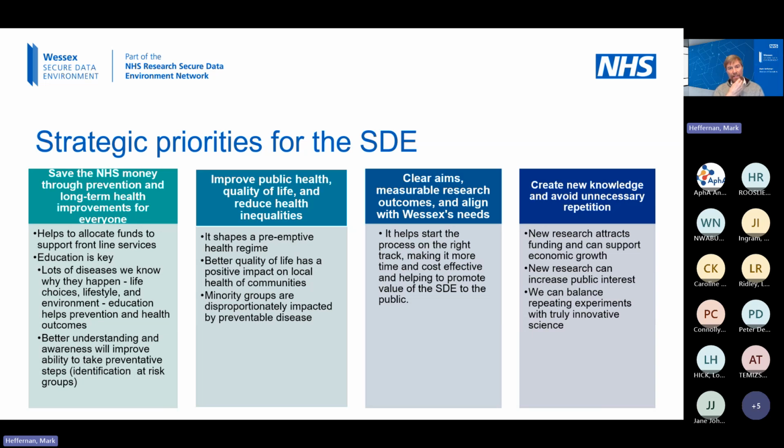Clear aims, measurable research, and aligning with Wessex's needs as well. So what's important to our community, generally an older population, so diseases such as dementia, Alzheimer's, cancer at the forefront of what the Wessex population asked us to focus on, and create new knowledge as well wherever possible.